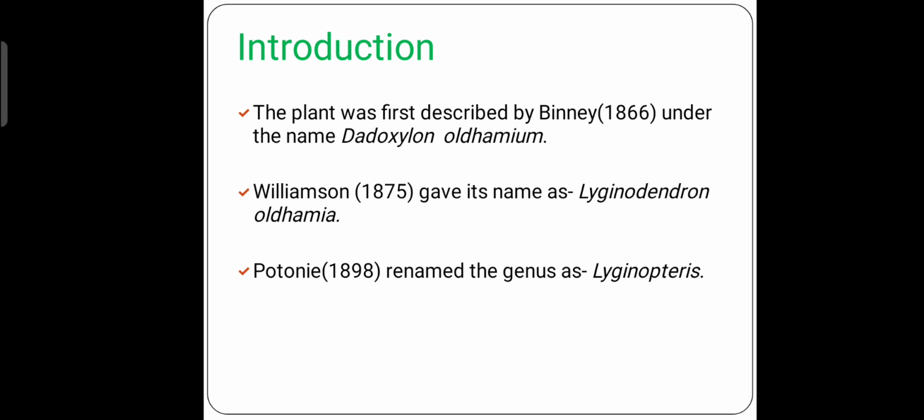Then moving on to its introduction part. The plant was first described by scientist Binney in 1866 under the name Dadoxylon oldhamium. Here I have mentioned this name in italics. As all of you know, as per the rule, you have to write the generic and species name either in italics format or underline it.